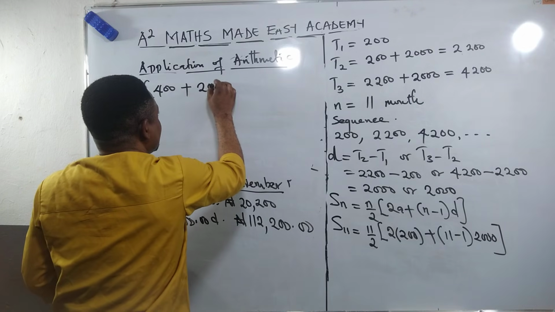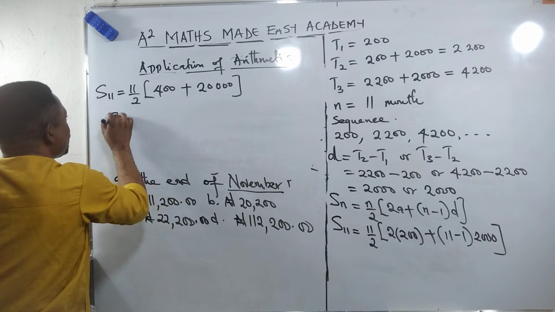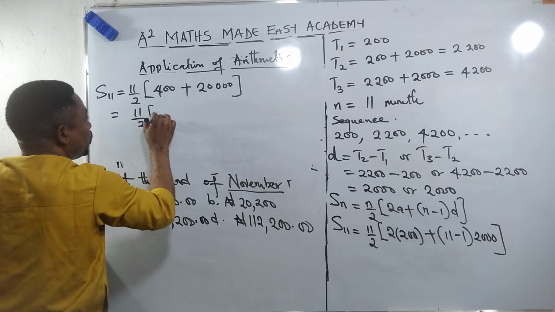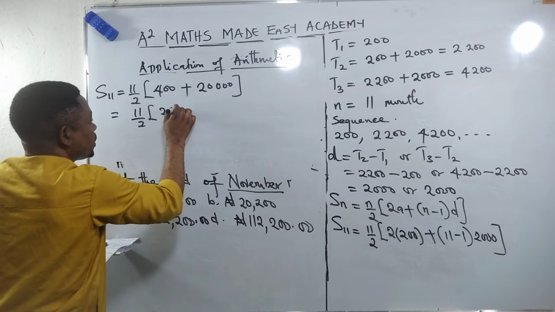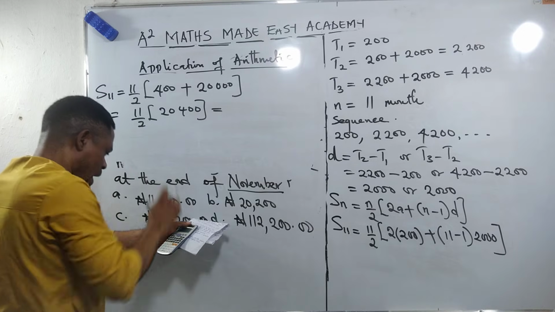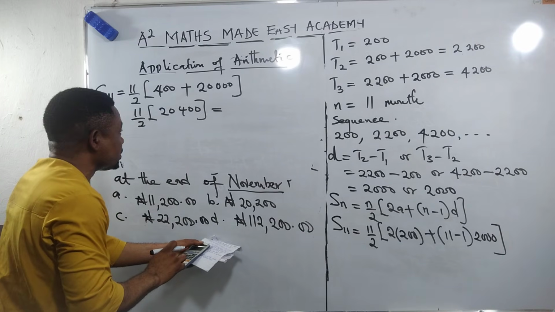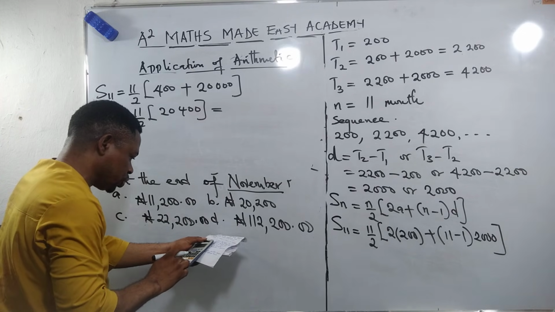Close the bracket. Can we continue? 11 over 2, open. Now, 400 plus 20,000 is 20,400. Then I will use my calculator and multiply 11 times 20,400. What should be the answer?